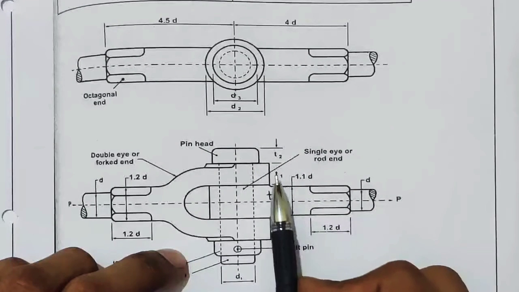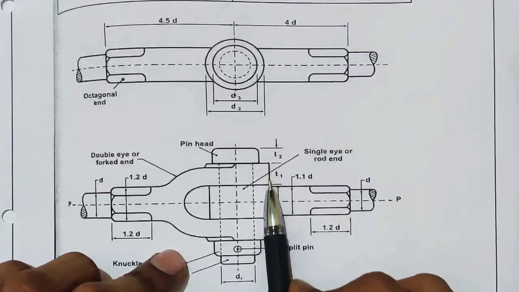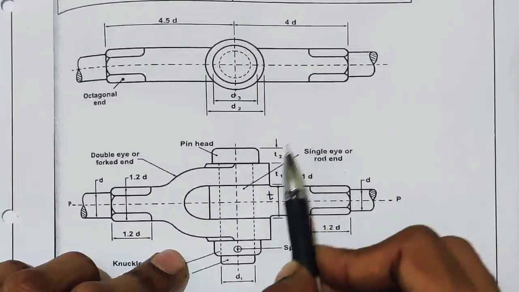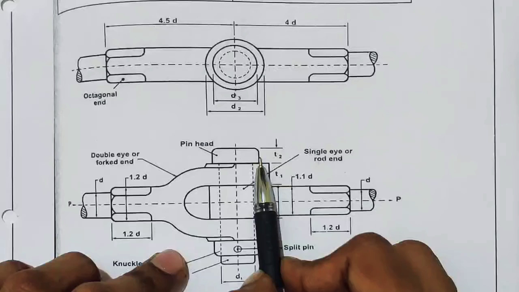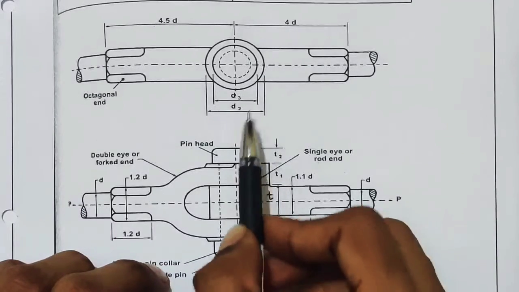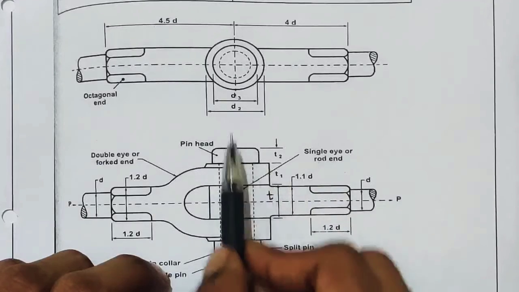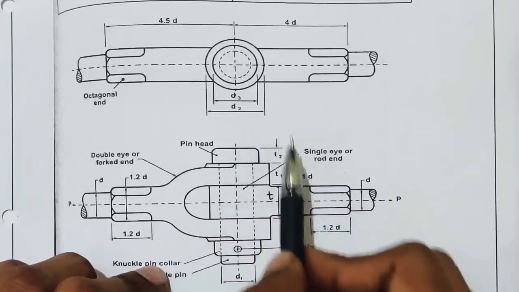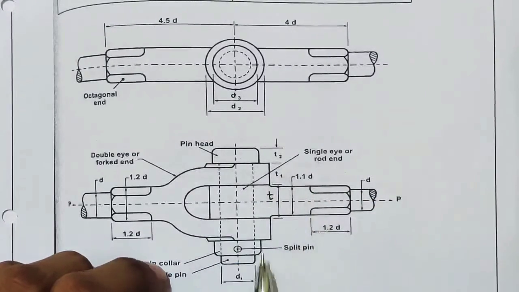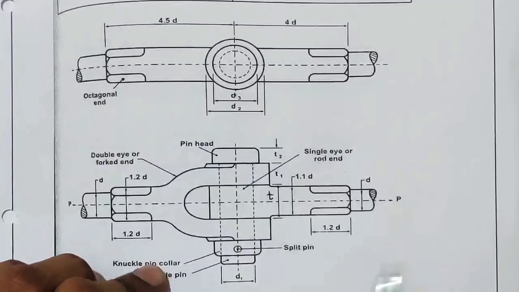T1 is the thickness of fork or double eye. T2 is the thickness of pin head. And D3 is the diameter of pin head. D2 is the diameter of single eye and diameter of double eye. D1 is the diameter of pin.